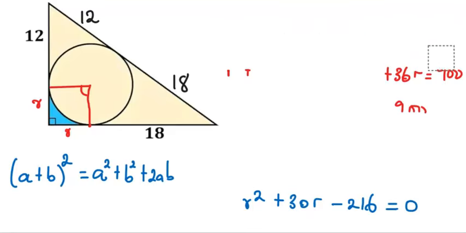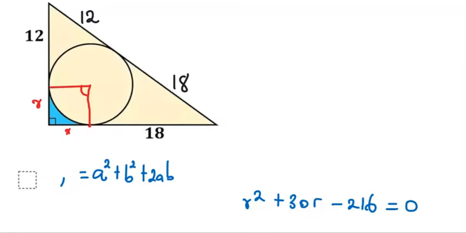From here, we're going to solve this quadratic equation in terms of r, and we're expecting a positive r, because we're discussing the length of a shape. So we're expecting a positive answer.